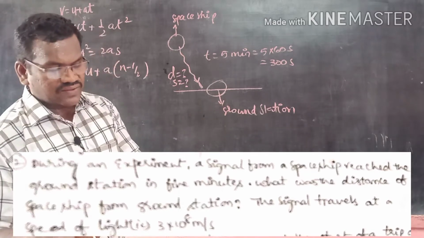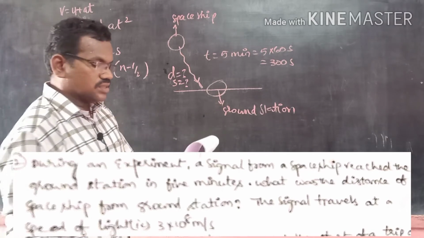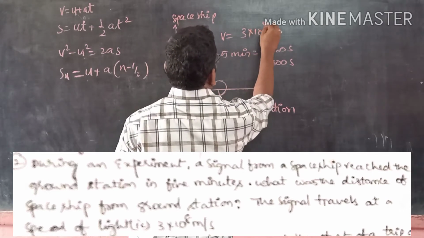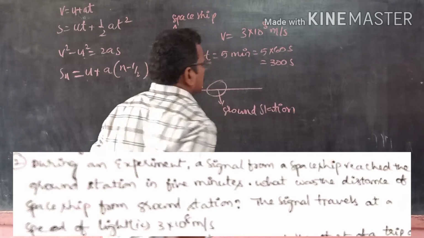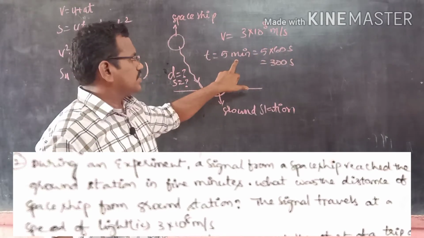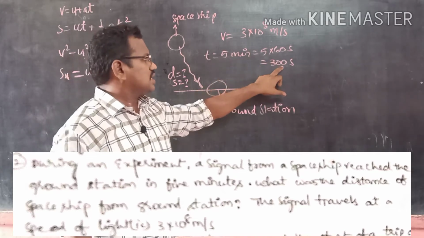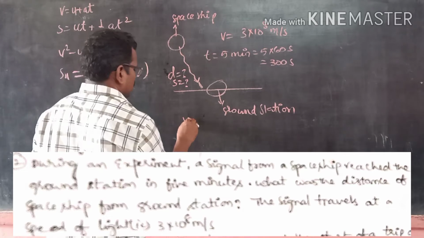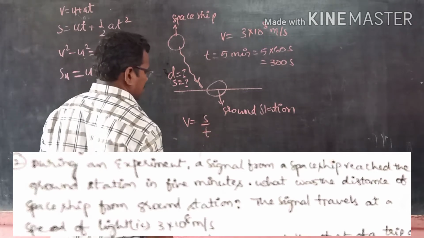The signal travels at the speed of light, that means the velocity provided is 3 into 10 power 8 meter per second. See here, the time is in seconds, but here they are provided in minutes. So for that I converted it before into seconds. Now what is the formula? v is equal to s by t.